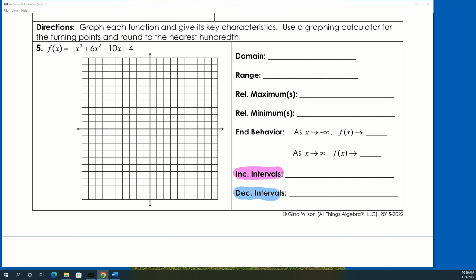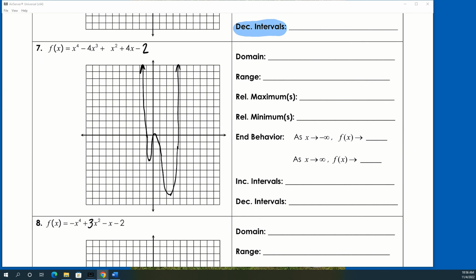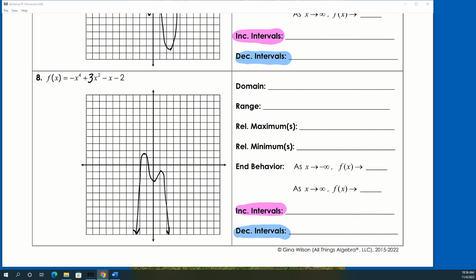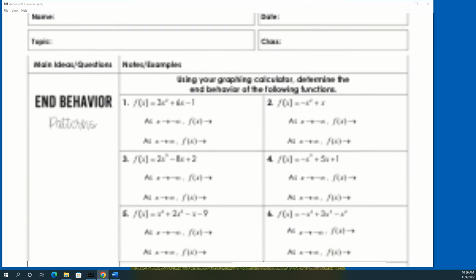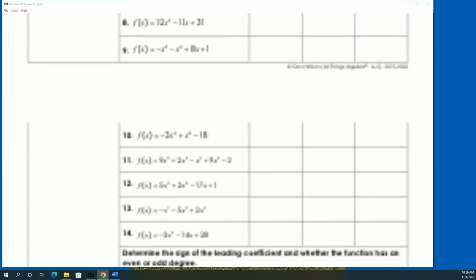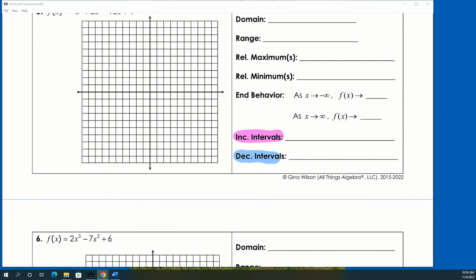So really all that should be left that we haven't done on those problems today is the end behavior, which we'll learn about on Monday. All right, so just finish the notes that have the graphs, just increasing and decreasing sections. And then on the homework page, Unit 5, Homework 3, 5 through 8, increasing and decreasing.